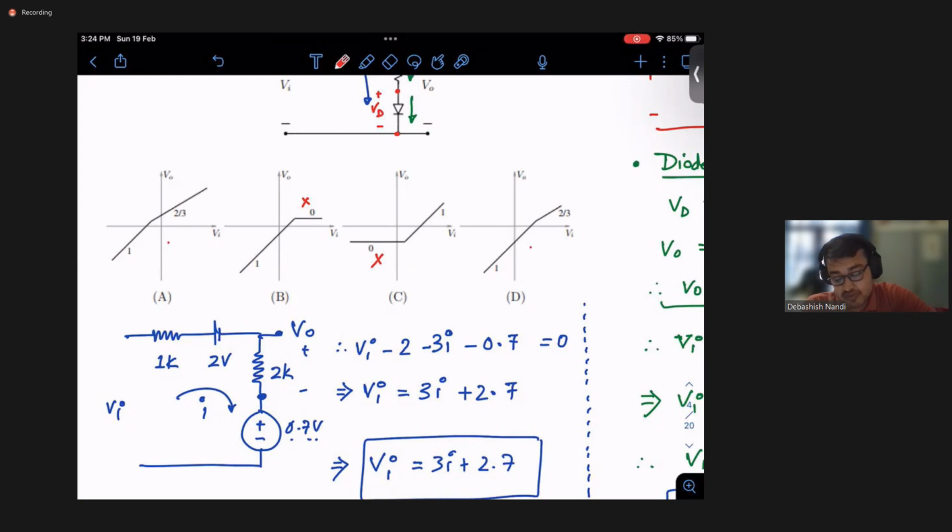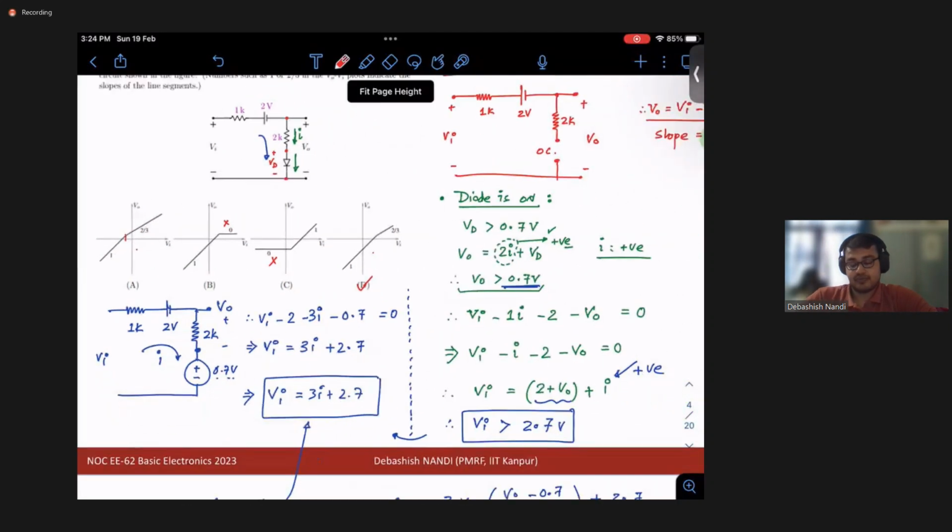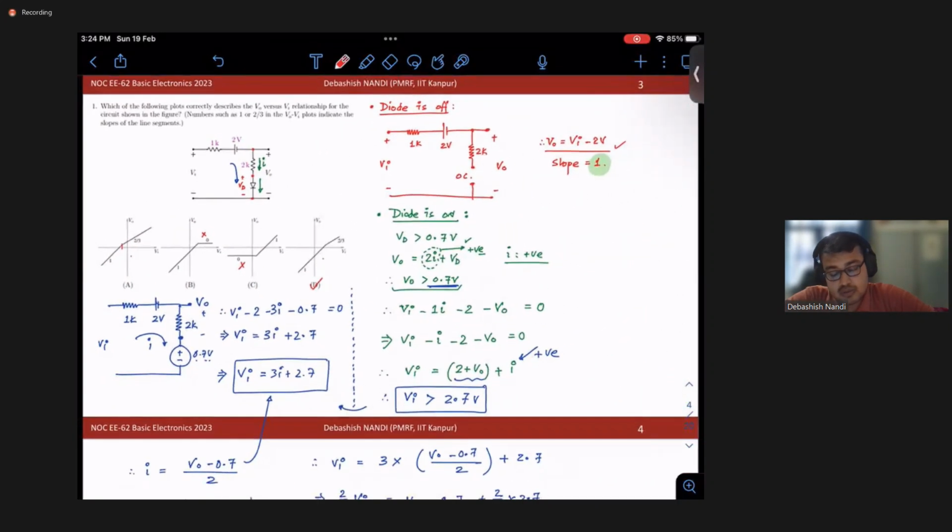But the difference is where it crosses the Vi axis, when the circuit has become on. We can see that in this case Vi is negative, but that is not possible. We have calculated that Vi should be greater than 2.7 volt for the diode to be in forward bias. So D is the right option, right?